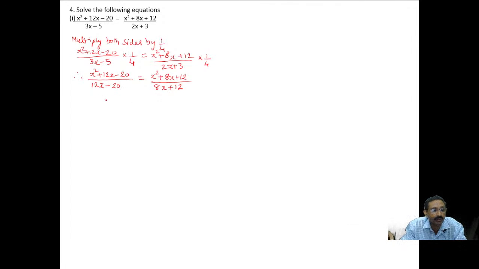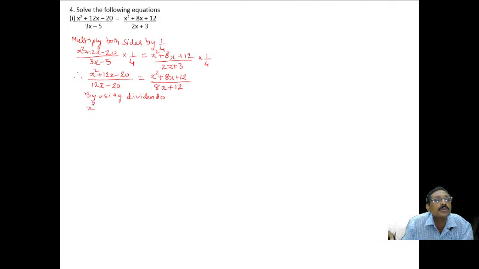Now to get these values, if we use componendo and dividendo, or alternando, we have to get a certain value. So here we will use dividendo. What happens when we use dividendo over here?